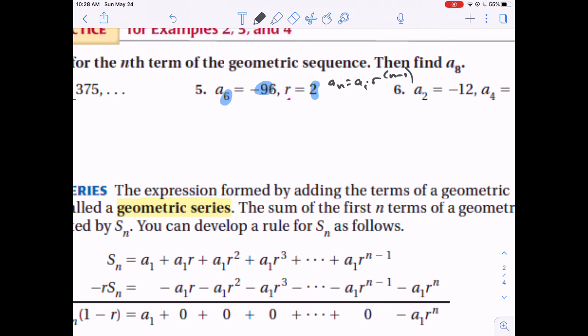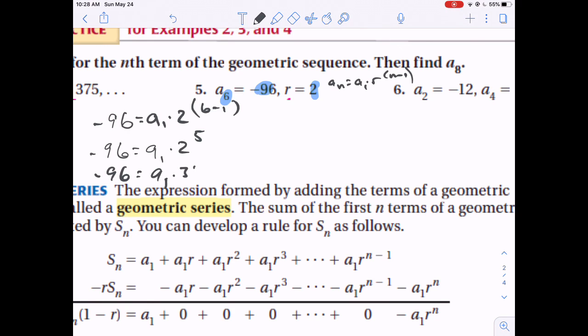So a sub n is going to be negative 96 equals A1 we're trying to find. r we have is 2. n is 6. So 6 minus 1. So it's negative 96 equals A1 times 2 to the 6 minus 1, which is 5. That's going to be 32. So we have negative 96 equals A1 times 32. I divide both sides by 32. A1 equals negative 3.